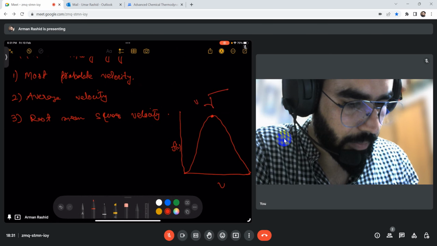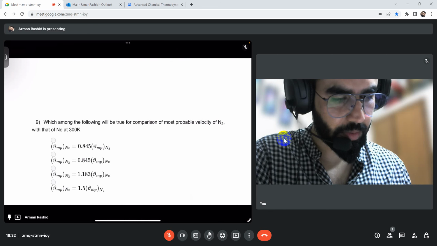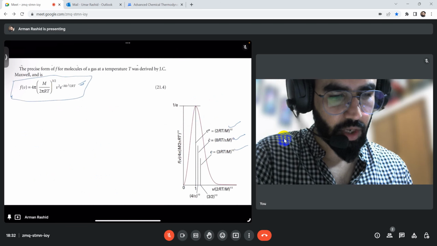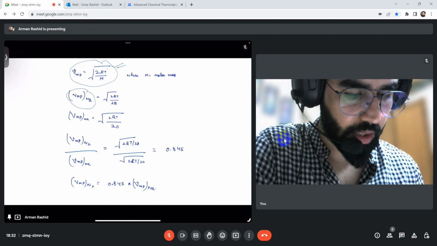Okay, so here the question is regarding the most probable velocities. We'll try to solve it as shown here. The most probable velocity is the square root of 2RT by M. So the most probable velocity of nitrogen will be 2RT divided by 28, where 28 is the molecular mass of nitrogen.